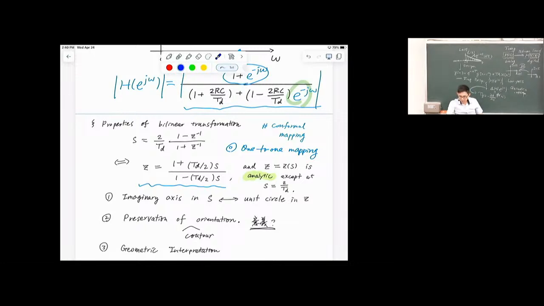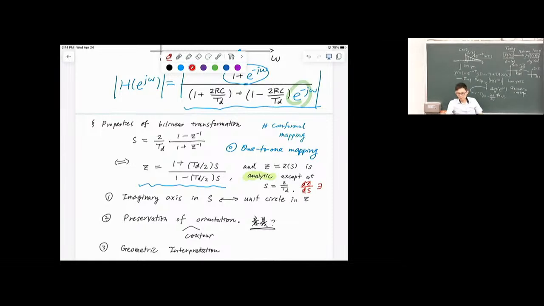And it is an analytic function, meaning that we can talk about dz/ds, in terms of the Cauchy-Riemann relation in complex analysis.